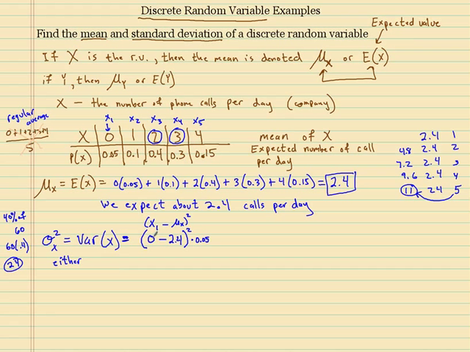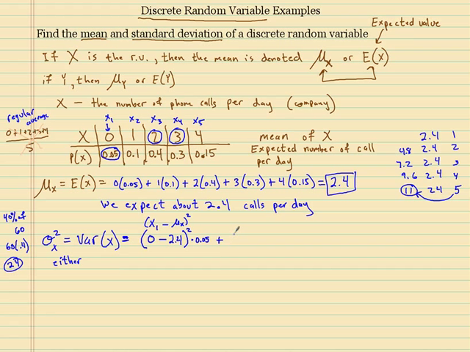Because think about it, 0 is pretty far from 2.4, right? It's 2.4 away. So I square that, but that difference only accounts for 5%. So whatever that difference squared is only going to get multiplied by that 5%. So even though it's far away, it's the lowest thing that's happening. So it's accounting for the least amount, even though it's pretty far away.